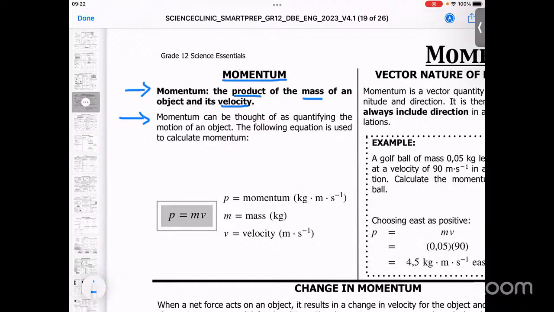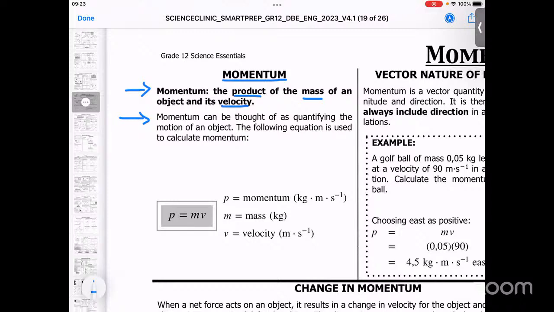Momentum can be thought of as quantifying the motion of an object. Okay, then it's fine. So the following equation is used to calculate the momentum, quantifying the motion of an object.